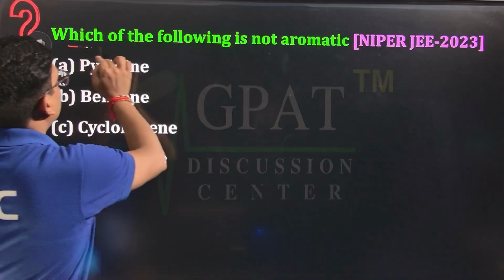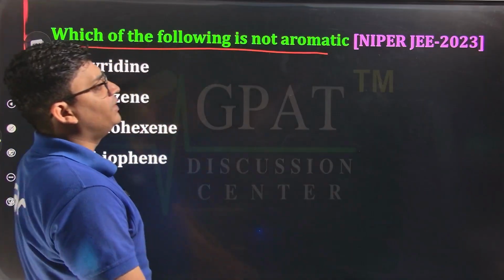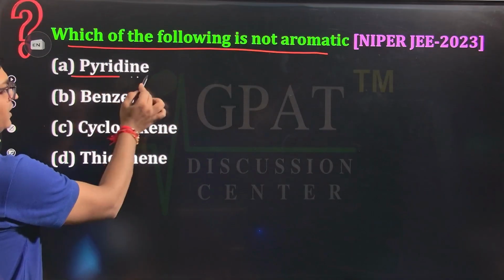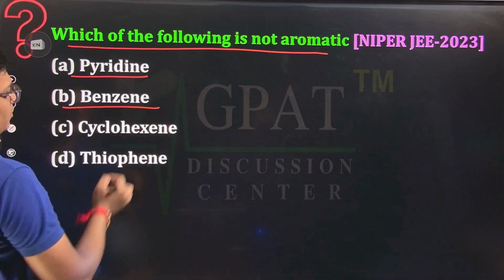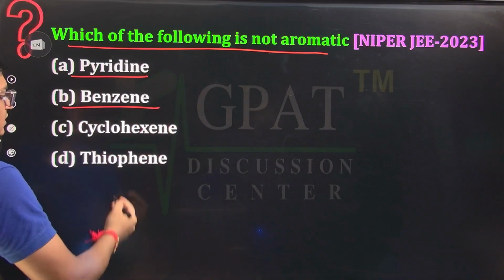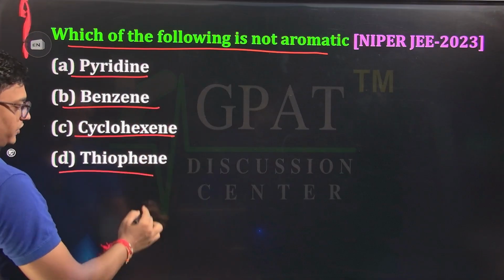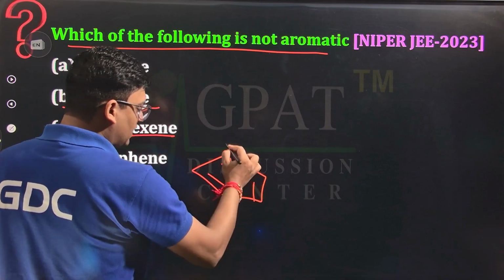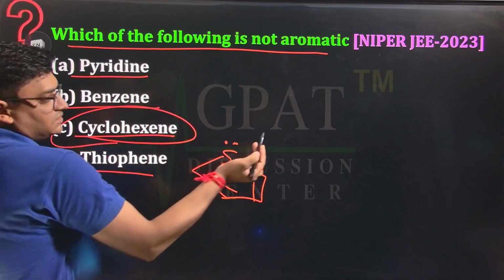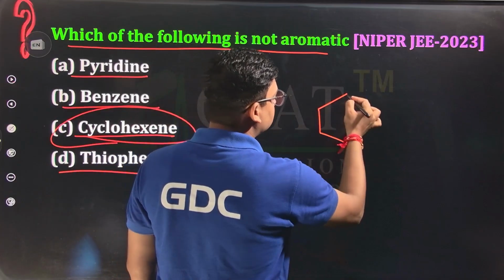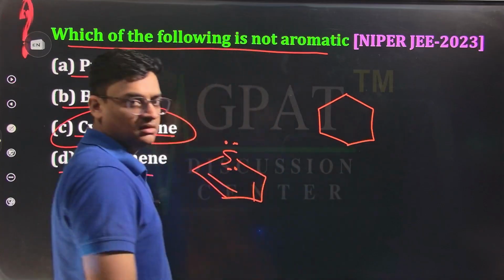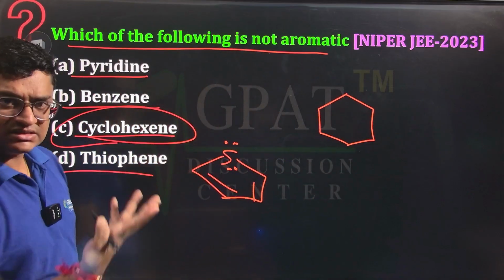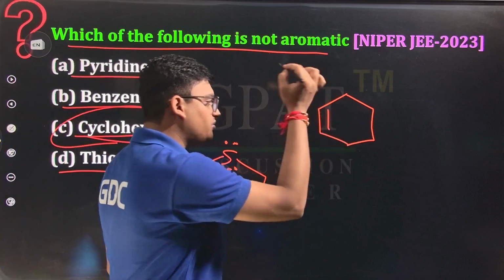D. Which of the following is not aromatic? Which will be not aromatic? Pyridine is an aromatic structure. Benzene, yes, it's an aromatic one. Cyclohexene and thiophene. So yes, thiophene is an aromatic one. What about cyclohexene? Cyclohexene is simply a saturated six-carbon ring structure. Let me write it down.